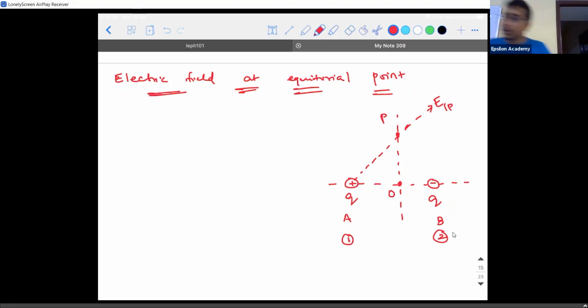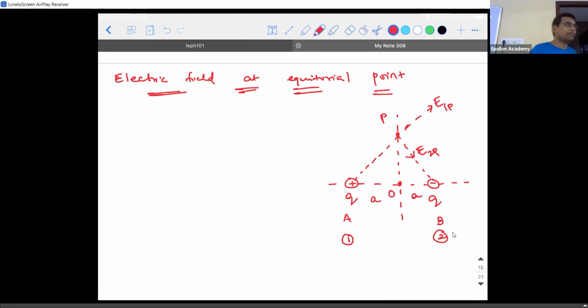Now, what is going to be the electric field due to the negative charge at point P? It will be towards, along the line joining both. So this is called E2P. Correct? So if OA is small a, OB will also be small a.